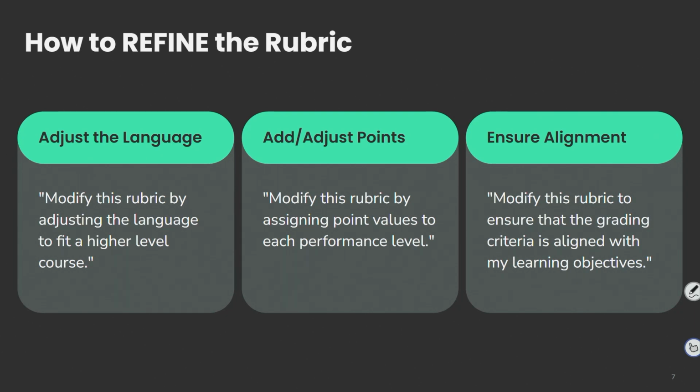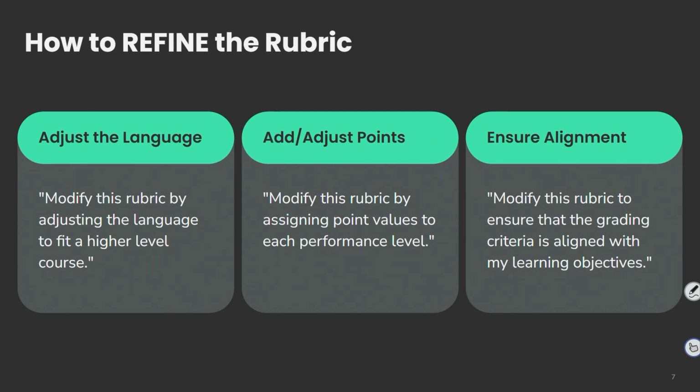You can say, modify this rubric by adjusting the language to fit a higher level or graduate level course. This could also work the other way around. You teach a course for freshmen, and it popped out a rubric that has crazy high language vocabulary. You're like, whoa, my students won't know what those mean yet. So you can adjust it back down to a freshman level course.